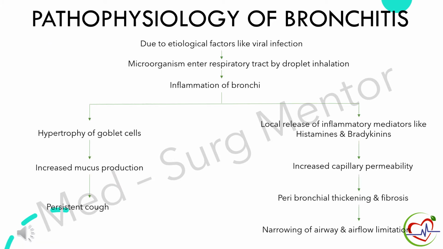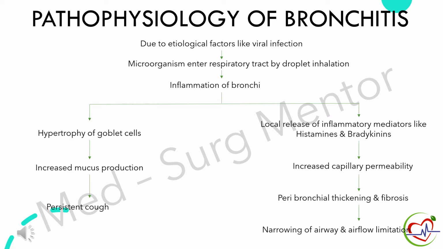Now let's move on to the pathophysiology of bronchitis. Due to etiological factors like viral infection, there is inflammation of the bronchi. As a result, the goblet cells are hypertrophied, leading to increased mucus production and persistent cough.